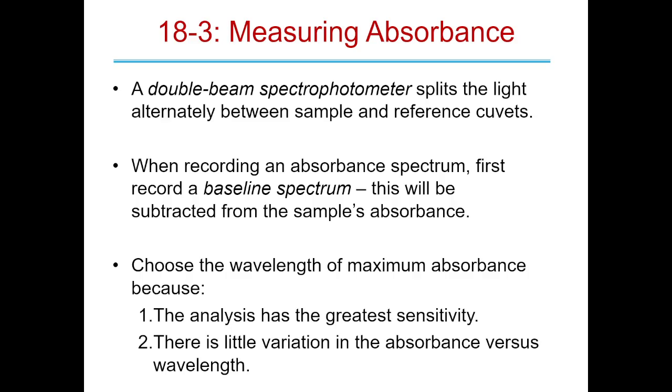Does that make sense? Okay. So this is why the analysis will have the greatest sensitivity at the maximum absorbance. There's also little variation in the absorbance versus the wavelength at this maximum absorbance.